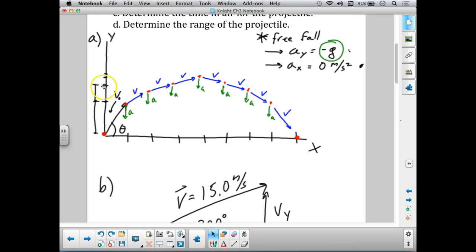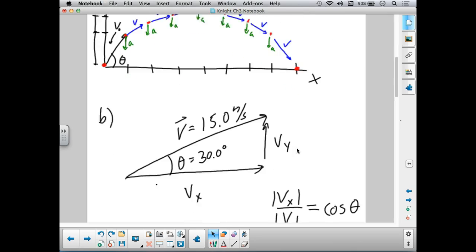I gave myself tick marks on the vertical axis so that I could draw an object that is accelerating vertically, that comes to a stop in the vertical direction and then accelerates back downward. And I gave myself equally spaced tick marks in the horizontal direction because in projectile motion, as long as we're not considering air resistance, the horizontal velocity is going to remain constant.